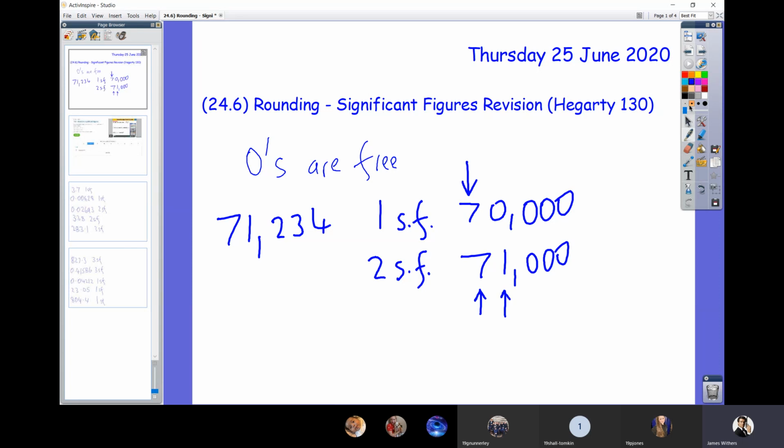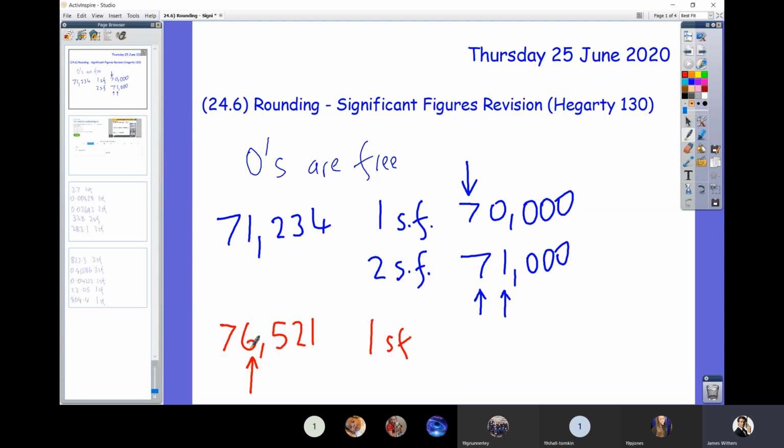Now, that's all easy enough. But then you've just got to take into account rounding up. So let's say we had 76,521. Now to one significant figure, we're only allowed one number that is not a 0. So we're tempted to go for a 7, but you do need to look at the next number and see if you have to round it up or not.